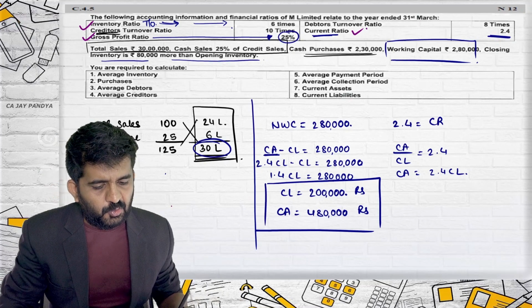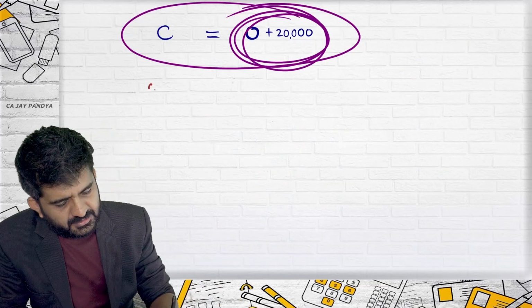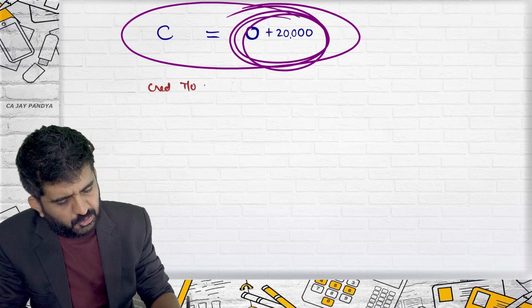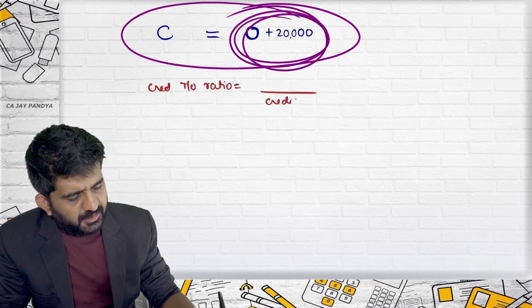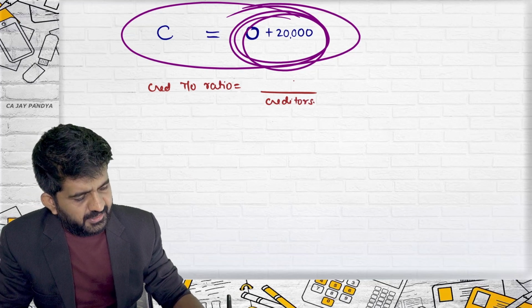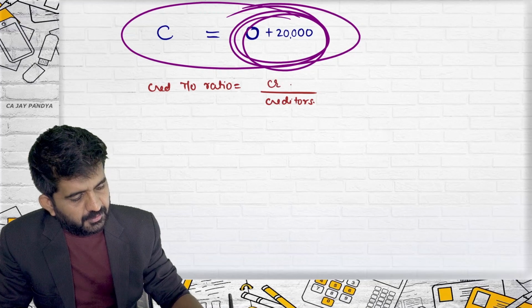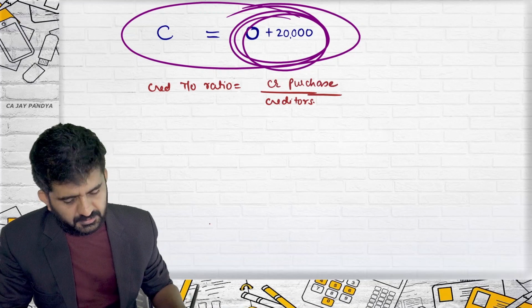Creditors turnover ratio. Next is the creditors turnover ratio. What will be in the denominator? Creditors. What will be in the numerator? Credit purchase.